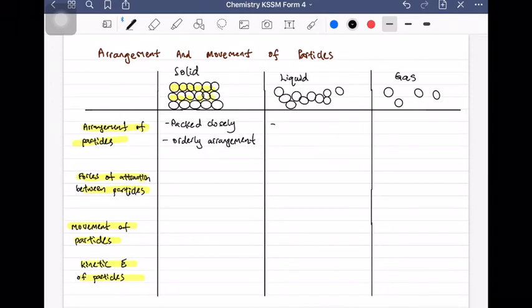For liquid, the particles are packed closely together but not in orderly arrangement.